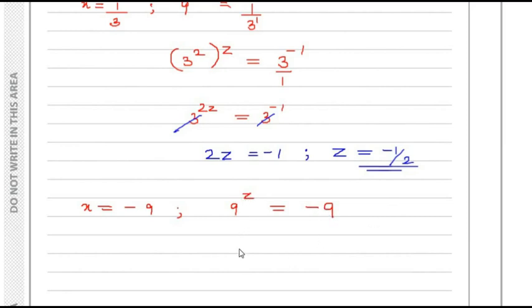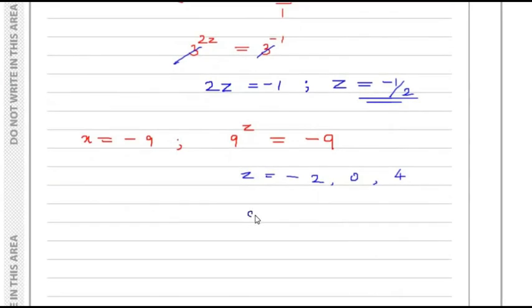You can check it by giving different values of z. For example, you can take z as -2 or 0 and some random positive values and put them in this equation and check. So 9 to the power of -2 gives us 1/81, which is not equal to -9, and 9 to the power of 0 we get as 1, which is again not equal to -9, and 9 to the power of 4.